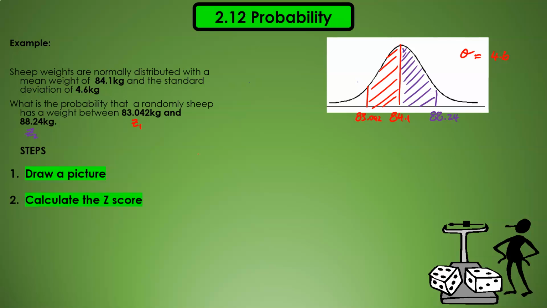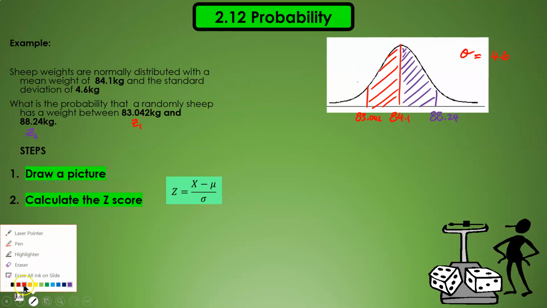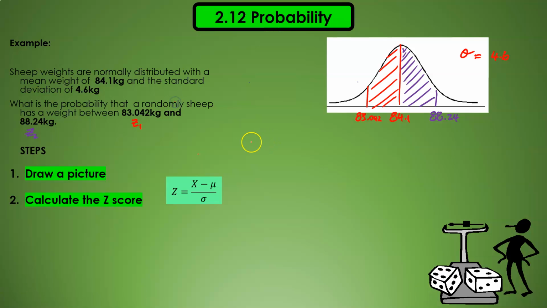So the next step is to calculate the Z-score using the formula. That's going to require two different calculations. Firstly, we're going to find out what Z1 is by going 83.042, take away 84.1, divided by 4.6, and get our answer.